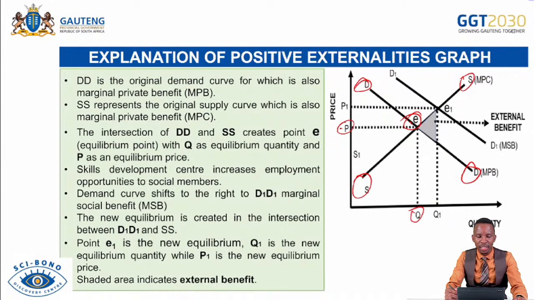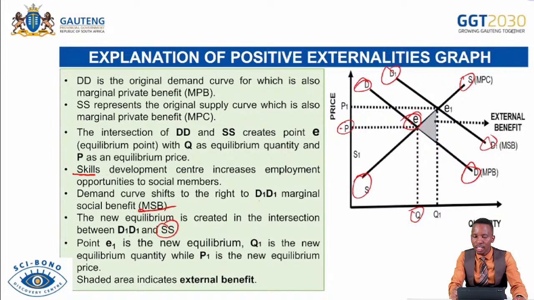Skill Development Centers increase employment opportunities for social members. If people are given skills, they tend to be very marketable and employable. Therefore, people get jobs. The demand curve shifts to the right to D1, which is known as marginal social benefit, MSB. The new equilibrium is created at the intersection between D1 and SS.